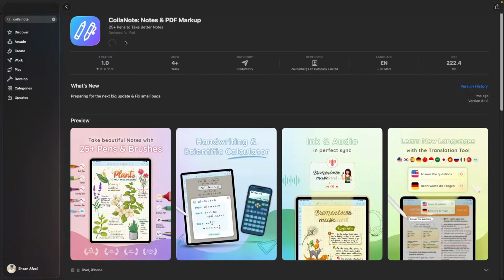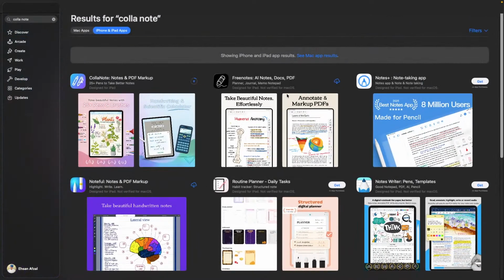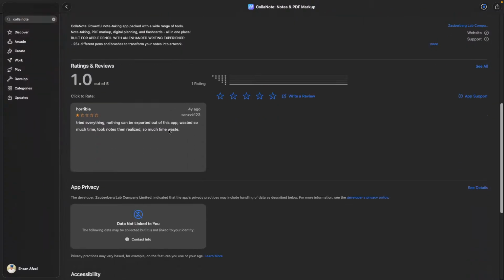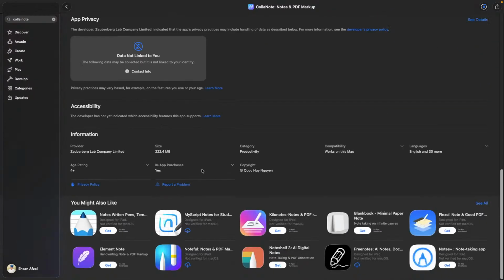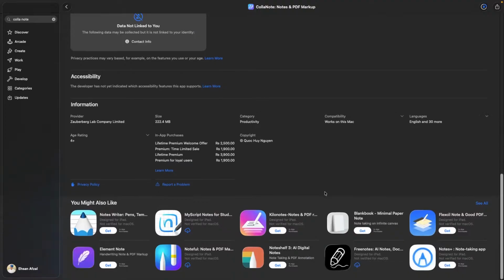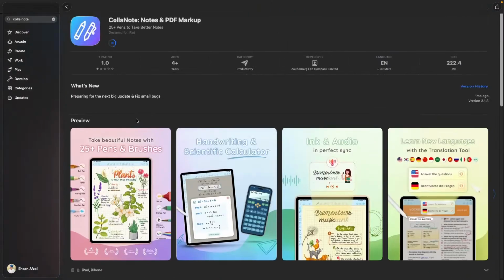If it will, then surely I'll use it. Okay. Downloading. It's opening. Okay. Let's try it. Let's see what works.